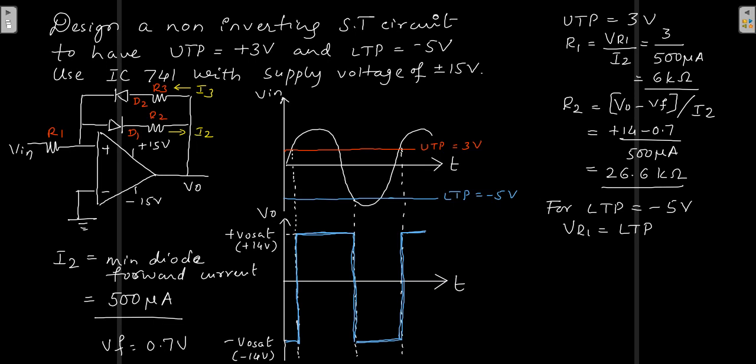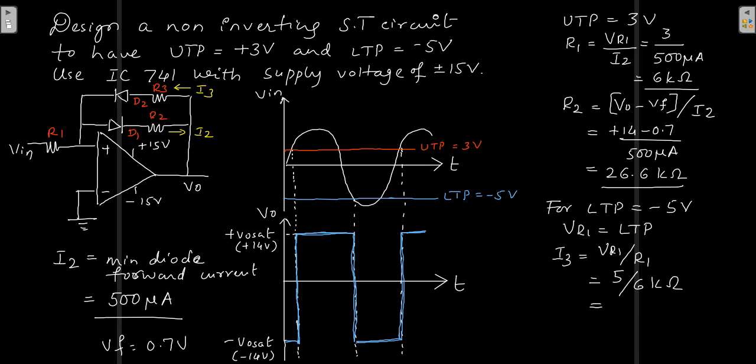So your I3 has to come into the picture now, right? Therefore your I3 will be equal to VR1 divided by R1. Now your VR1 is 5 volt, and I am taking the modulus of this. Your R1 is calculated as 6 kilo ohm.